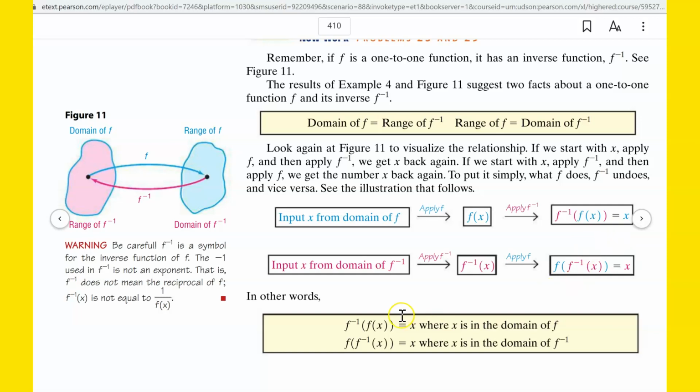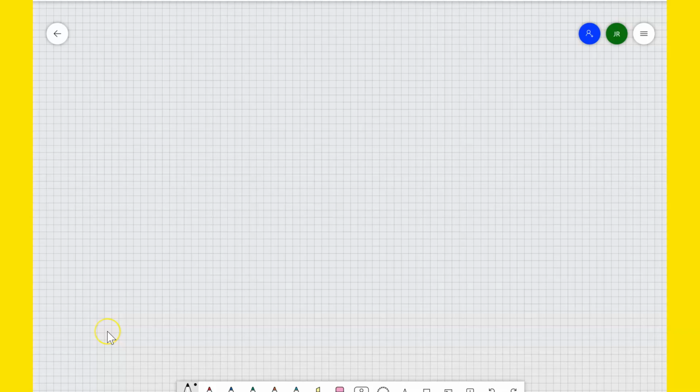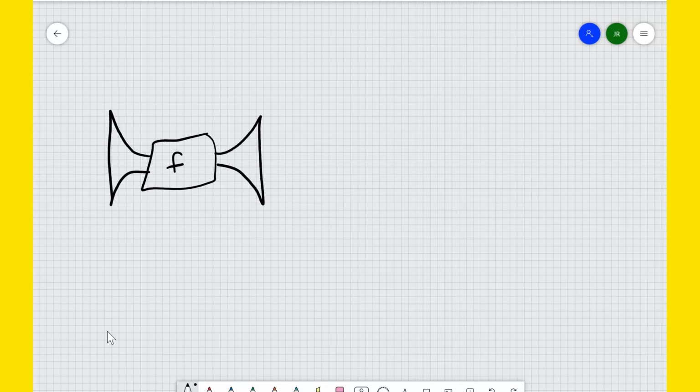Let me show you this a little bit better. Okay, so let's say we have this function f. And let's say x comes into it. And it does something to x so that it becomes f of x when it comes out.